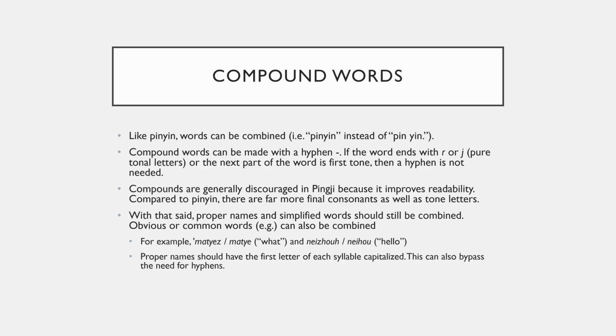And then simplified words, which I'll get to very shortly, you can combine those as well. Very common words can be combined. Like for example, the common word matye, meaning what, or neho, like hello. You can easily write those as 1 word and everyone will know what that means. And also, speaking of names, if you have proper names, then you can capitalize the first letter of each syllable and that makes it more readable and also bypasses the need for hyphens.